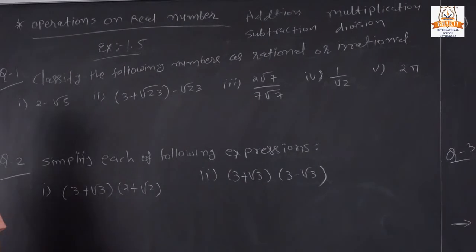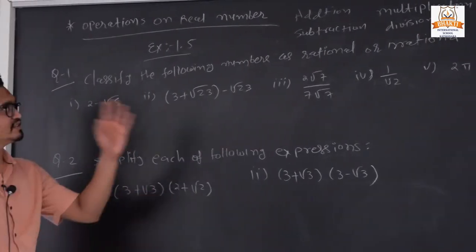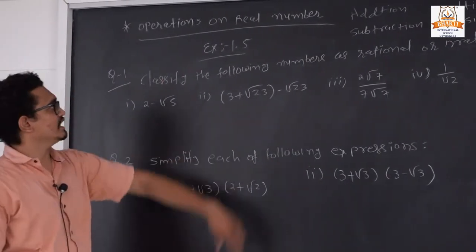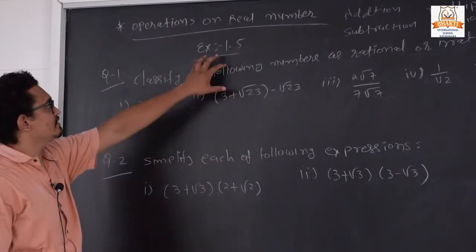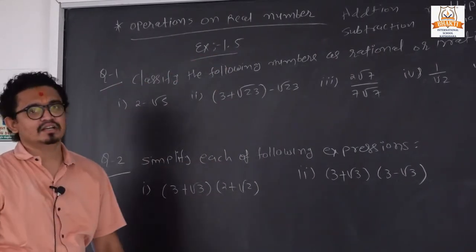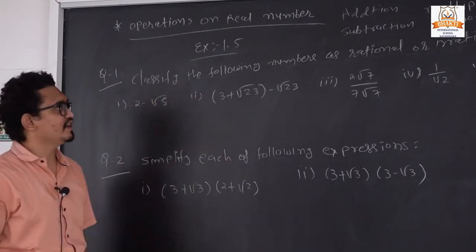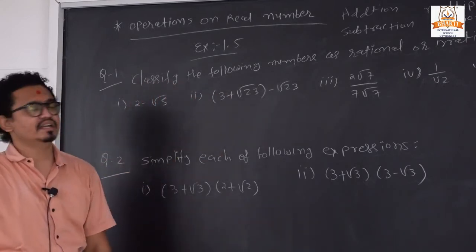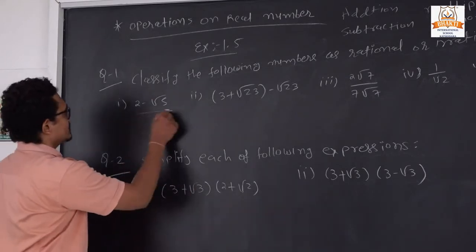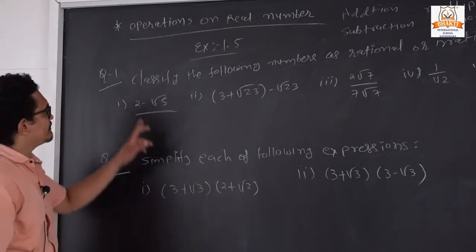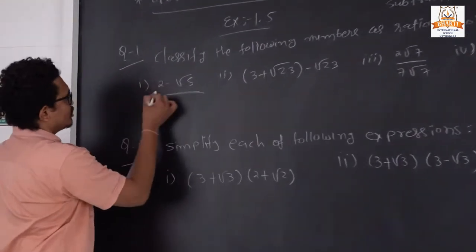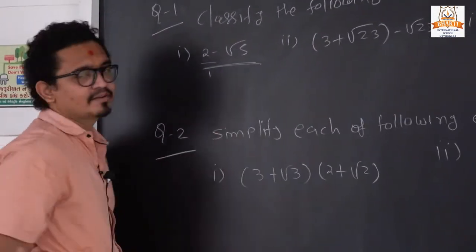So how can you understand whether the answer is rational or irrational? For that we have exercise number 5, question number 1. In question number 1 they are asking: classify the following numbers as rational or irrational. See the first question. Here we have 2, so we can write it as 2 upon 1.